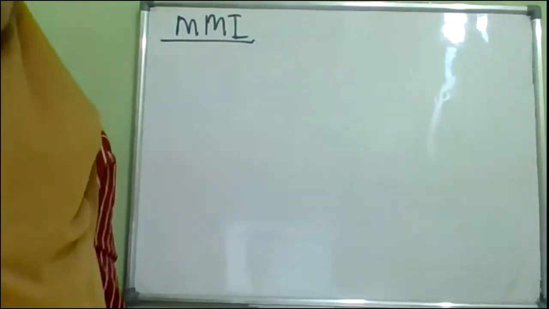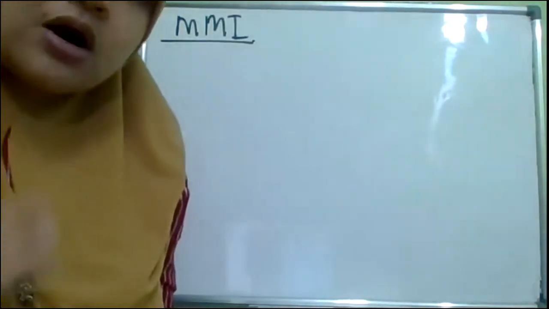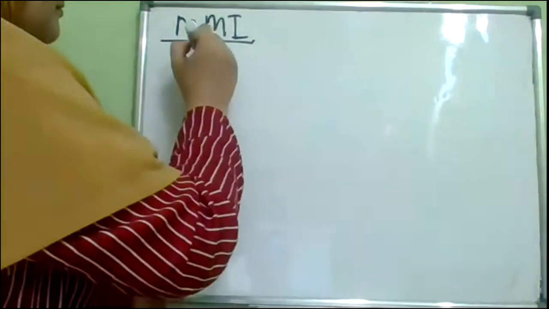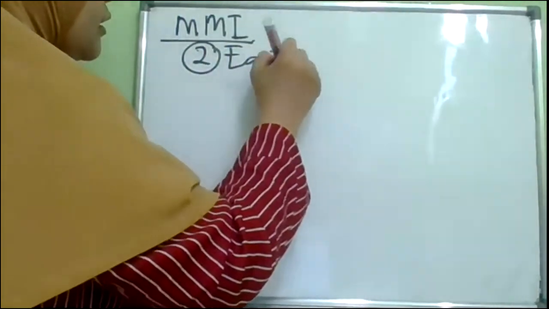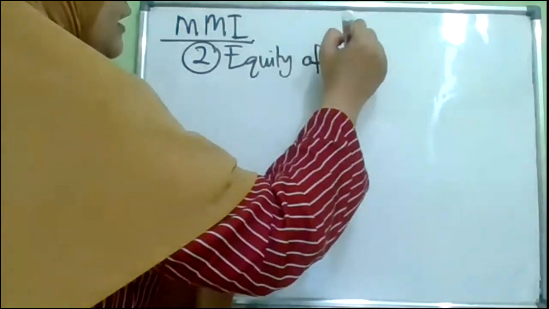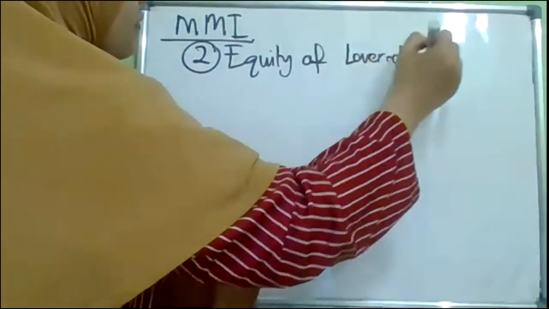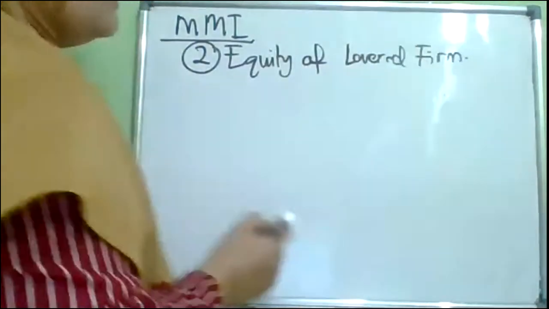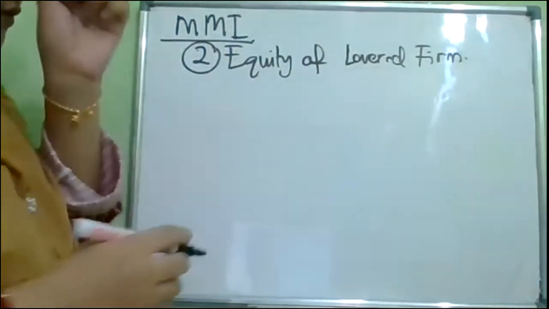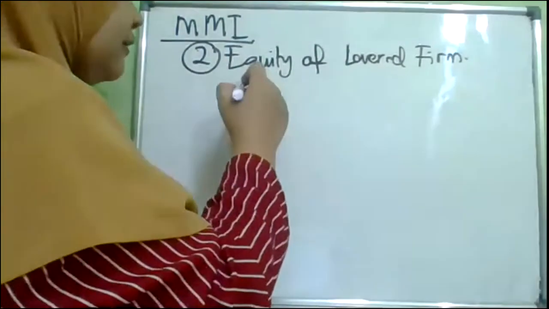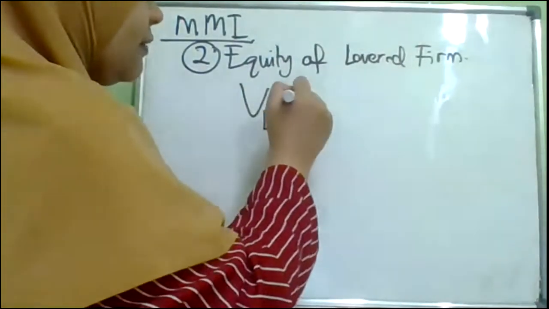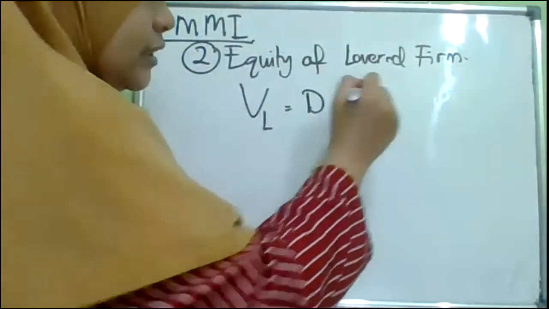If there are marks given, you don't need to write it out. Second, you have to determine how much is the equity of the levered firm. Go back to the capital structure of the levered firm. Value of levered firm equal to debt plus equity.